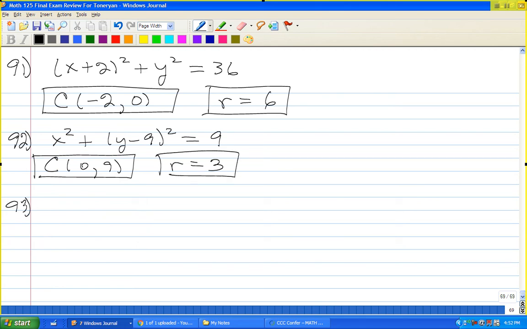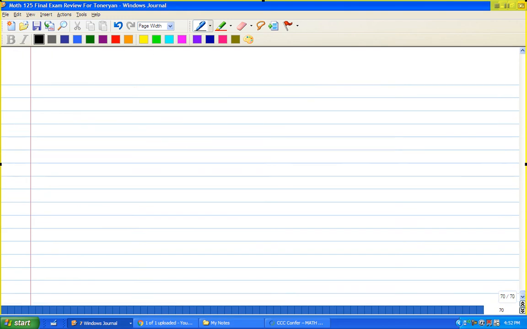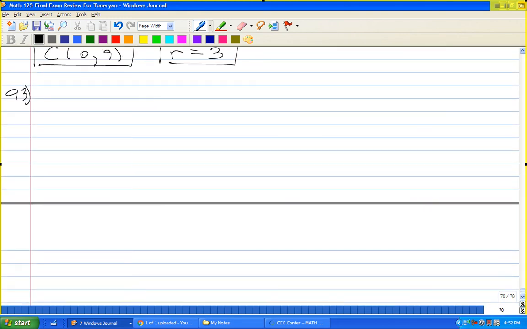Let me do problem number 93. X squared plus y squared minus 2y is 0. Sketch a graph of the equation. If the graph is a parabola, find its vertex. If the graph is a circle, find its center and radius. This is going to be a circle. So let's complete the square. Well, you don't have to do anything to the first guy.